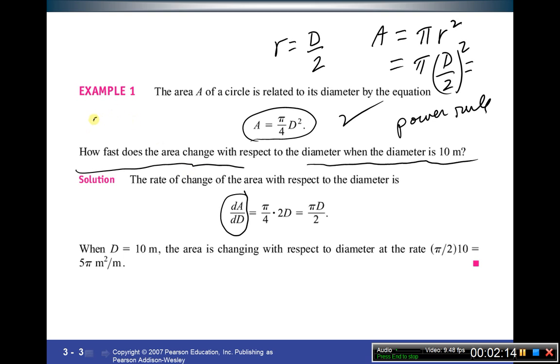That would be pi over 4 times the power, which is 2, times d to the power 2 minus 1, which is equal to pi over 2 times d.